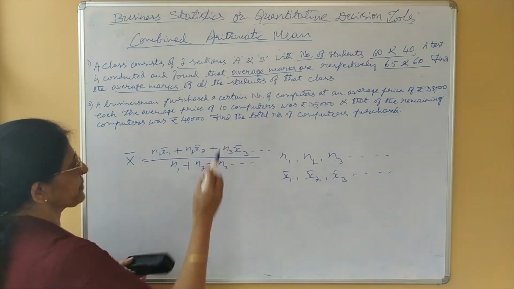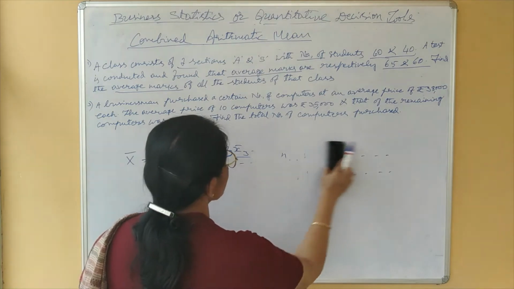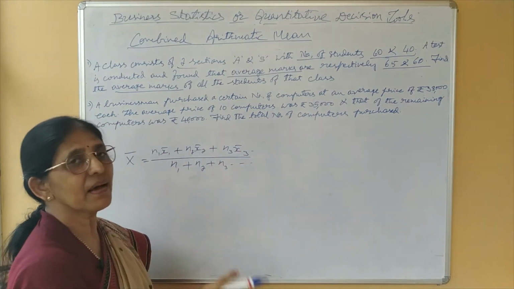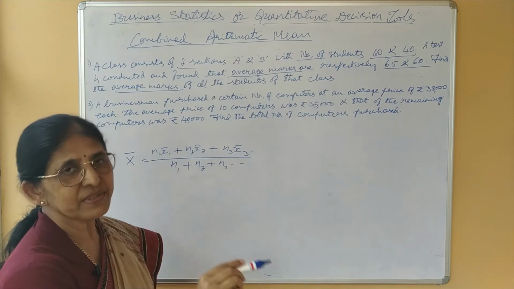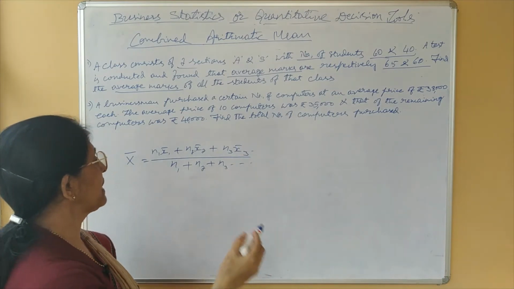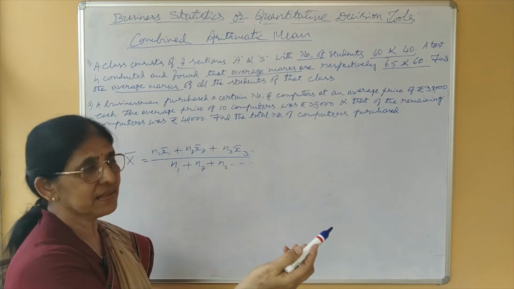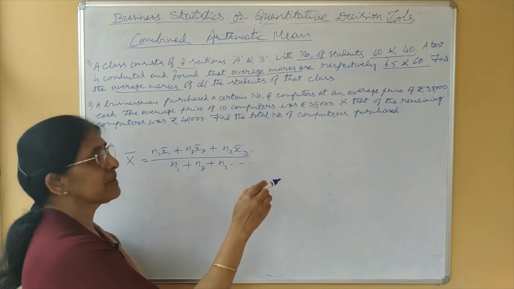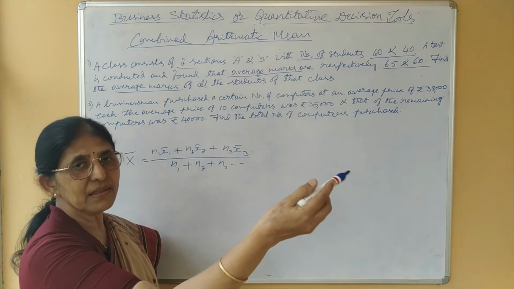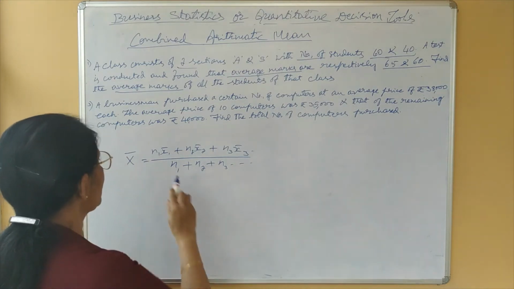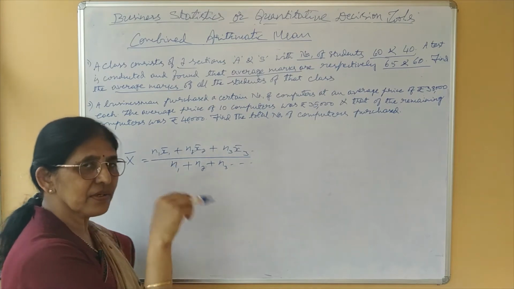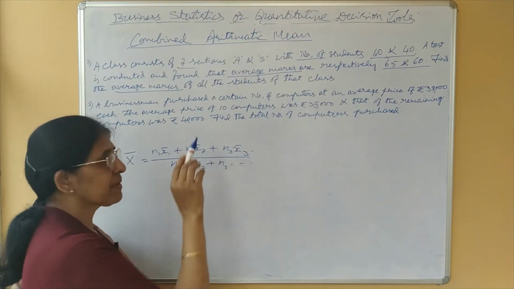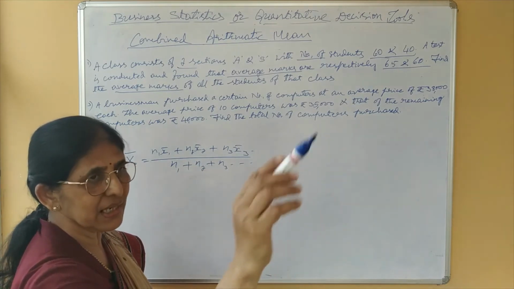Now what information is given in the problem? Here n1 means the strength of the first series, n2 means the strength of the second series, n3 means the strength of the third series, like that. Then x bar 1 is the average of the first series, x bar 2 the average of the second series, x bar 3 the average of the third series, and it continues like that.